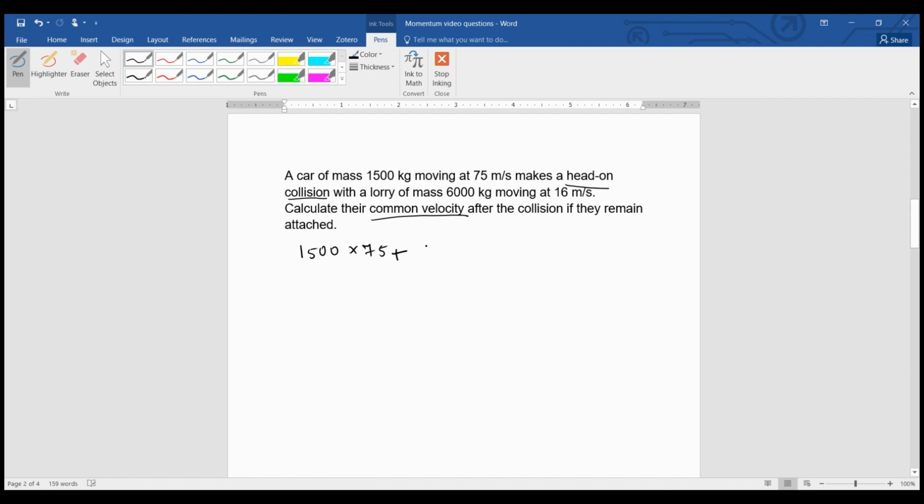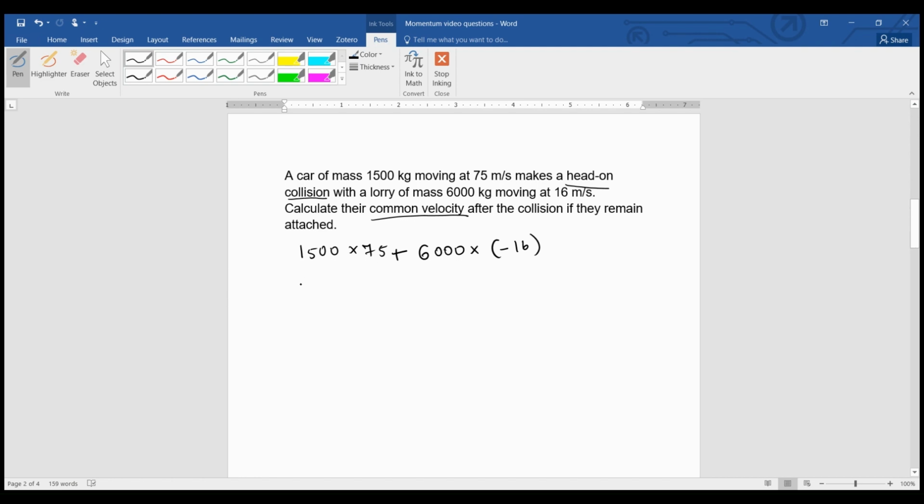So what's the momentum of the truck? 6000 multiplied by what's the velocity? Minus 16, because the truck is moving towards the car. So both of them are moving in the opposite direction. So if you assume the car to be moving forward, then the truck will be moving backwards.